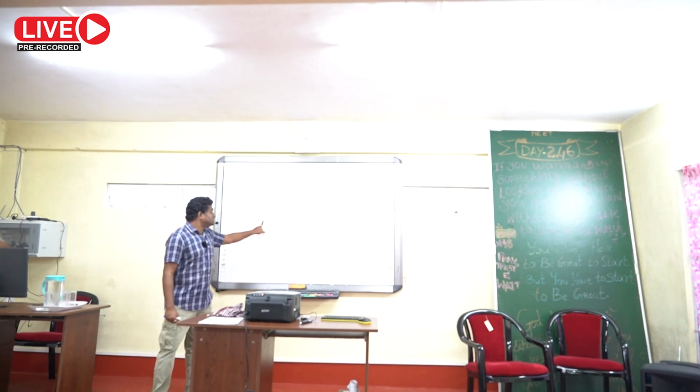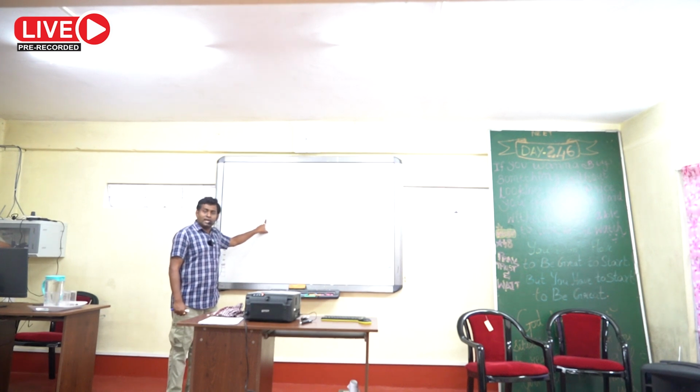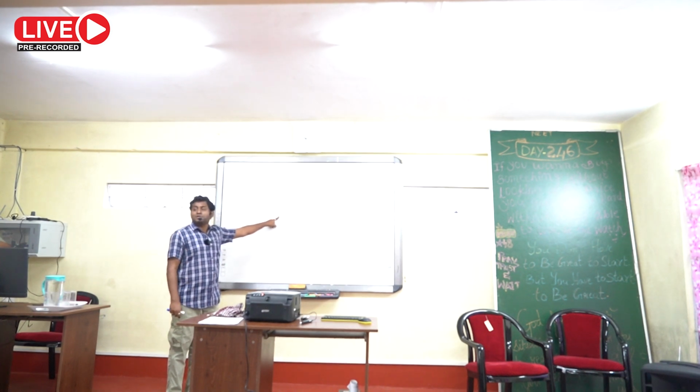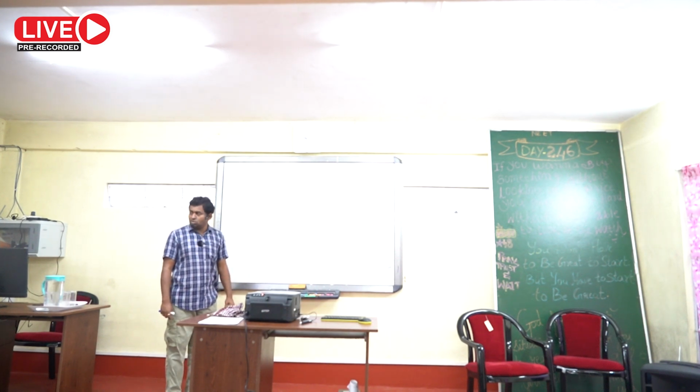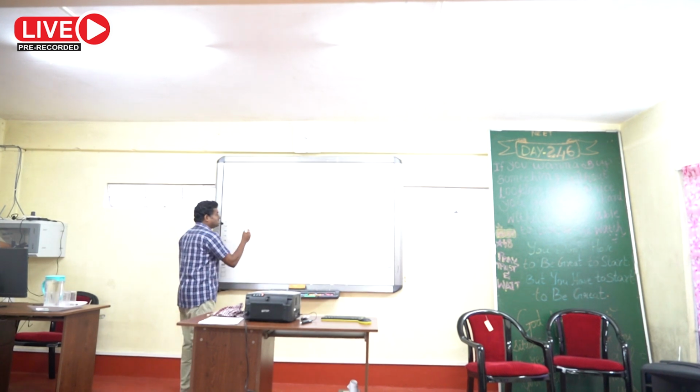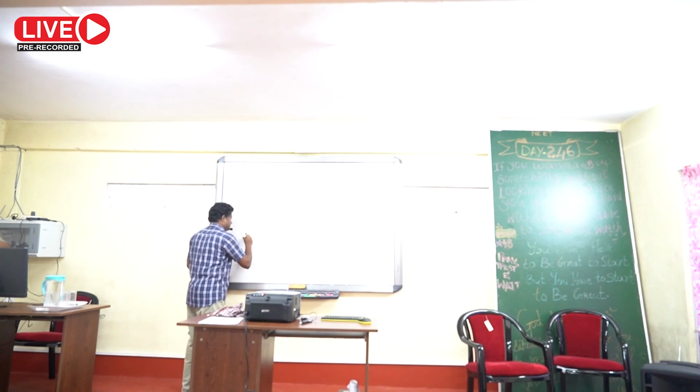The maximum amplitude comes as 2A, where cos kx will be plus 1 or minus 1. Minimum amplitude comes when this factor, cos kx, will be 0. So the wave produced will look like this.